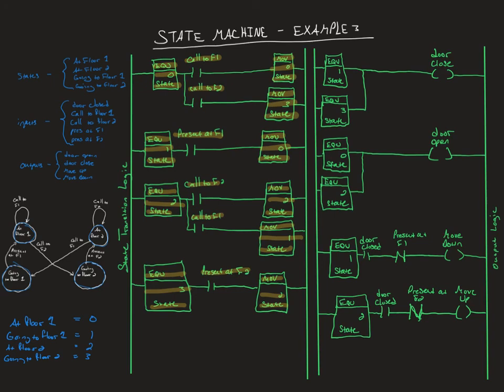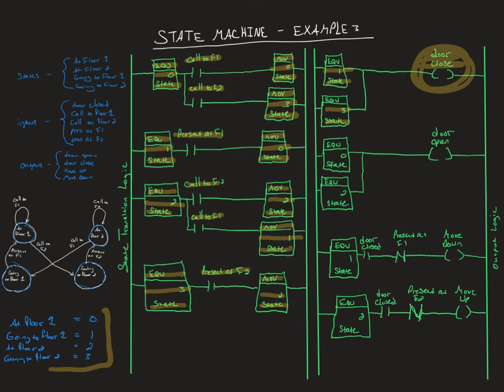So now we move to the output side. If we are in state 1 or state 3, so we'll look in our state encoding, state 1 and 3 are going to floor 1 or going to floor 2. So if we're going to floor 1 or going to floor 2, then the door has to be closed. Very important. Got to make sure the door is closed if we're going to a floor.